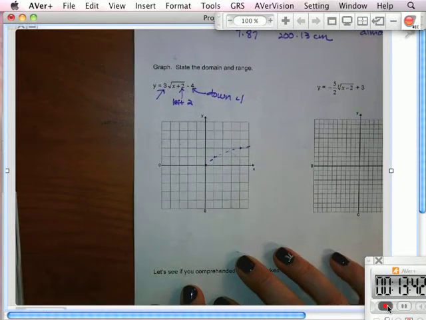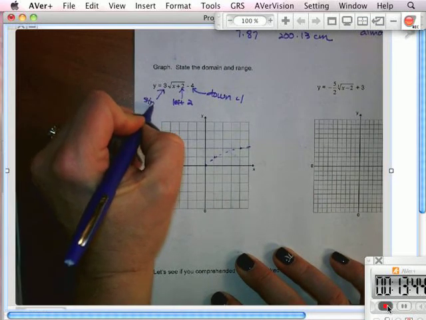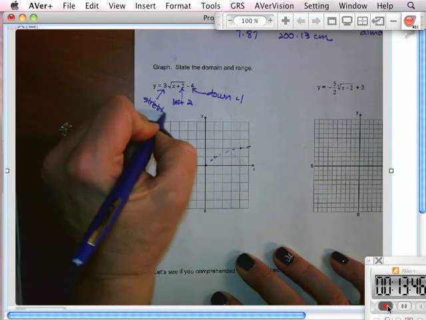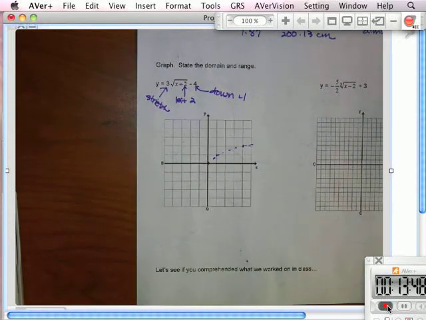Stretch of 3. It stretches it out a little bit. The negative 4 makes it go down 4. The plus 2 makes it go left 2 because the original equation is x minus h, so whatever you plug in there. And then the stretch.